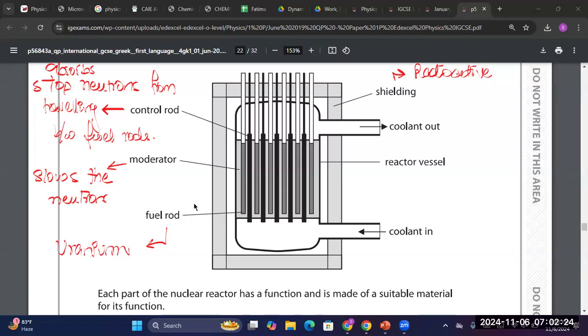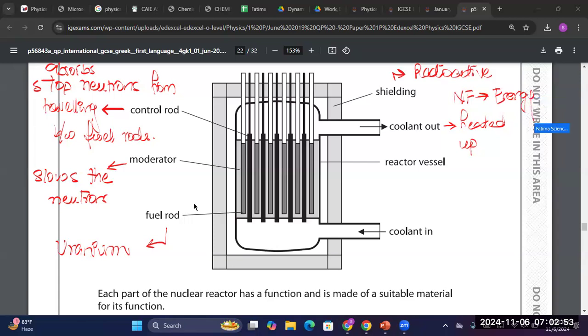And then obviously we have our coolant. What is the function of the coolant? During nuclear fission energy is released, so that energy is going to heat up the coolant.